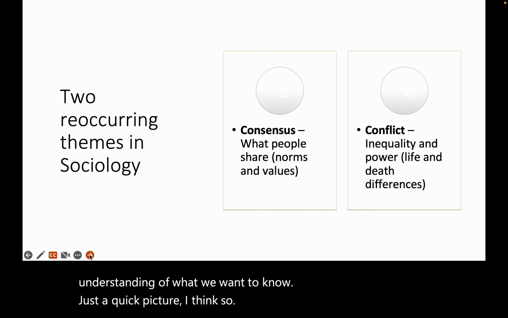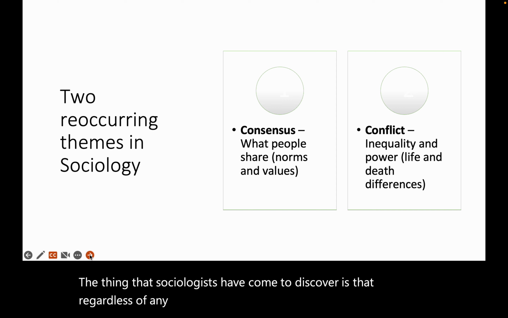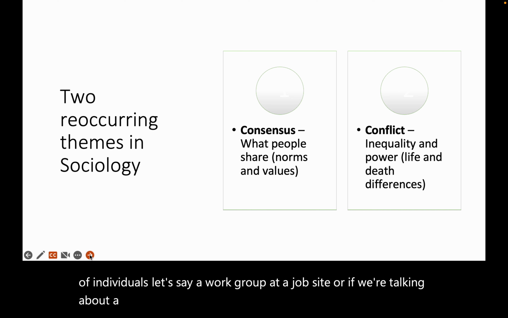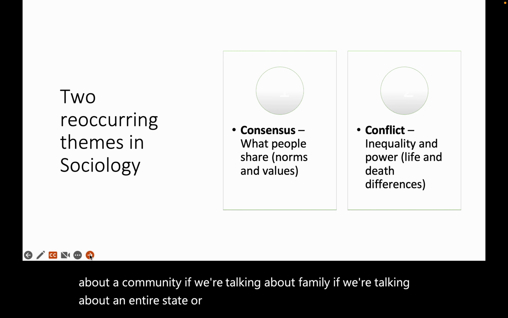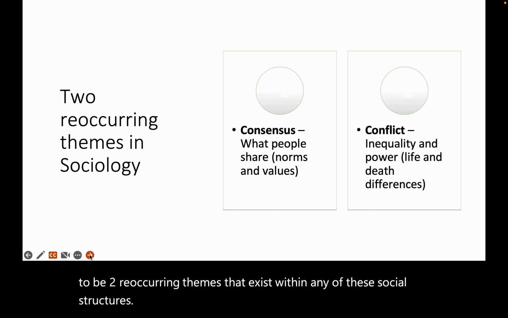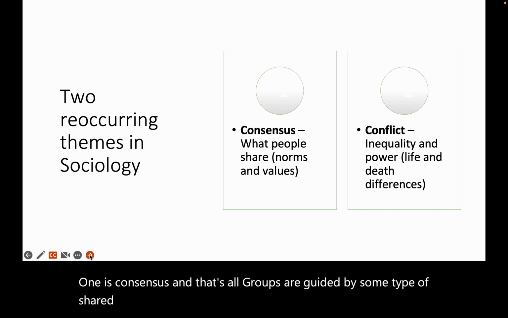So the thing that sociologists have come to discover is that regardless of any group, whether we're talking about a small group of individuals, let's say a work group at a job site, or a community, a family, an entire state or entire country, there always tends to be two reoccurring themes that exist within any of these social structures. One is consensus, and that's all groups are guided by some type of shared norms and values that guide their behavior.